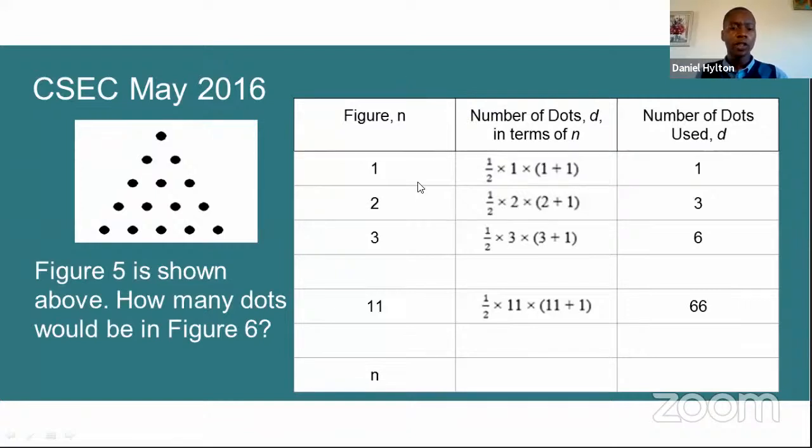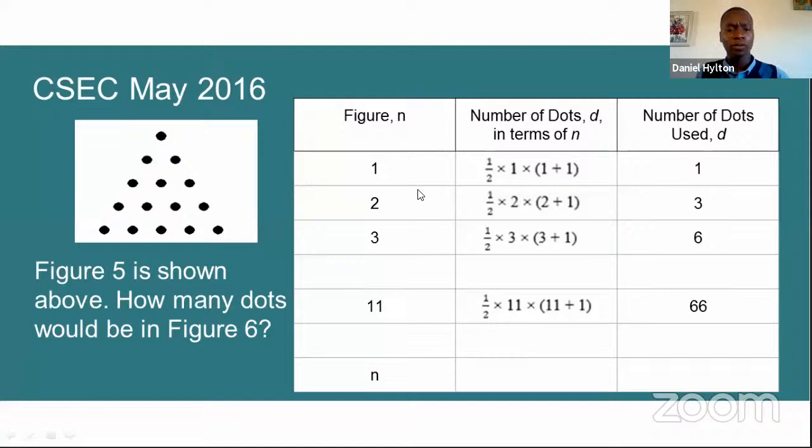All right, so if we're looking at the table right here, for figure 1, I'm seeing a half times 1 times 1 plus 1. For figure 2, a half times 2 times 2 plus 1. For figure 3, a half times 3 times 3 plus 1. And for figure 11, a half multiplied by 11 multiplied by 11 plus 1.